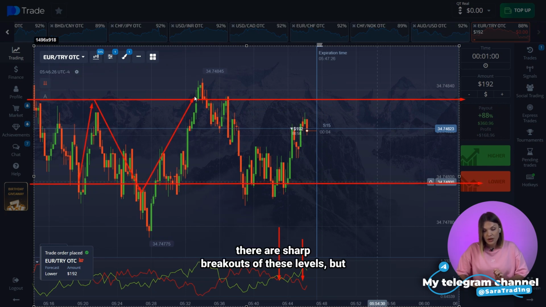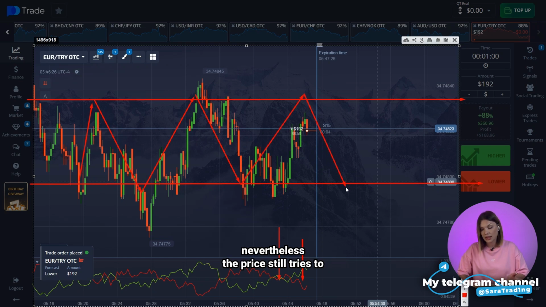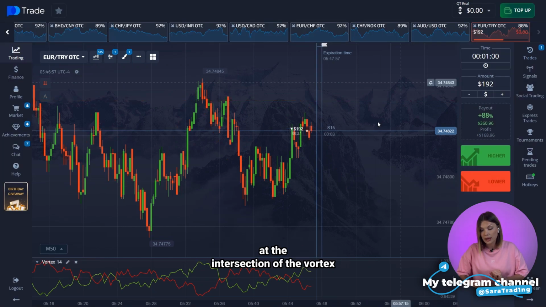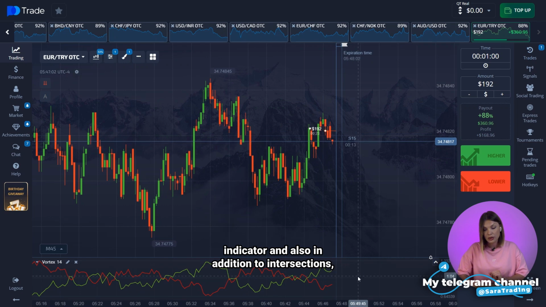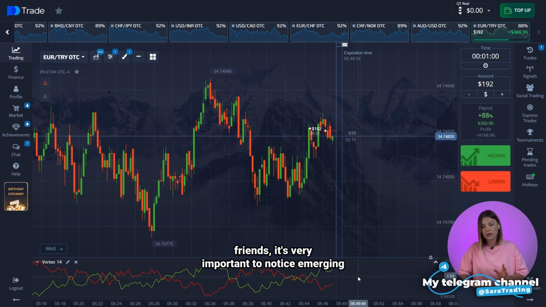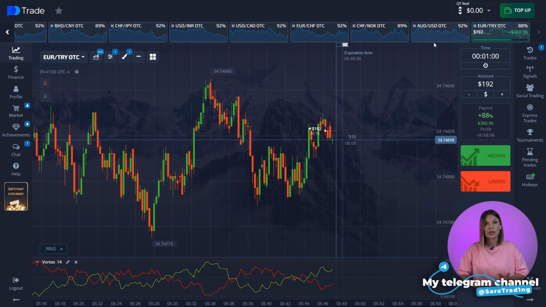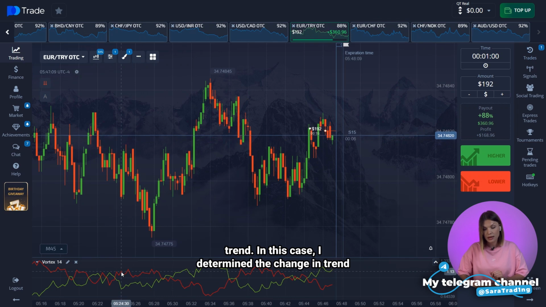Of course, there are sharp breakouts of these levels, but nevertheless, the price still tries to move in this channel. But now I'm looking specifically at the intersection of the Vortex indicator, and also in addition to intersections, friends, it's very important to notice an emerging trend. In this case, I determined the change in trend very simply.